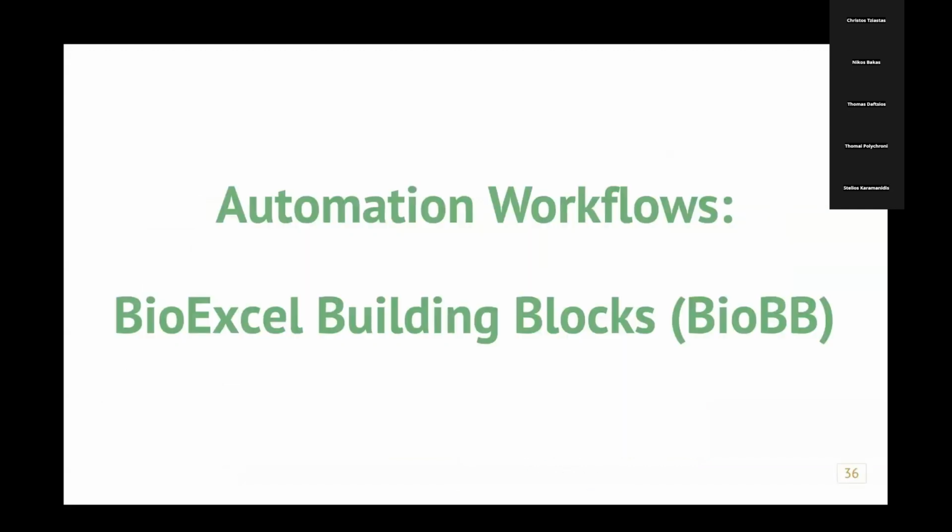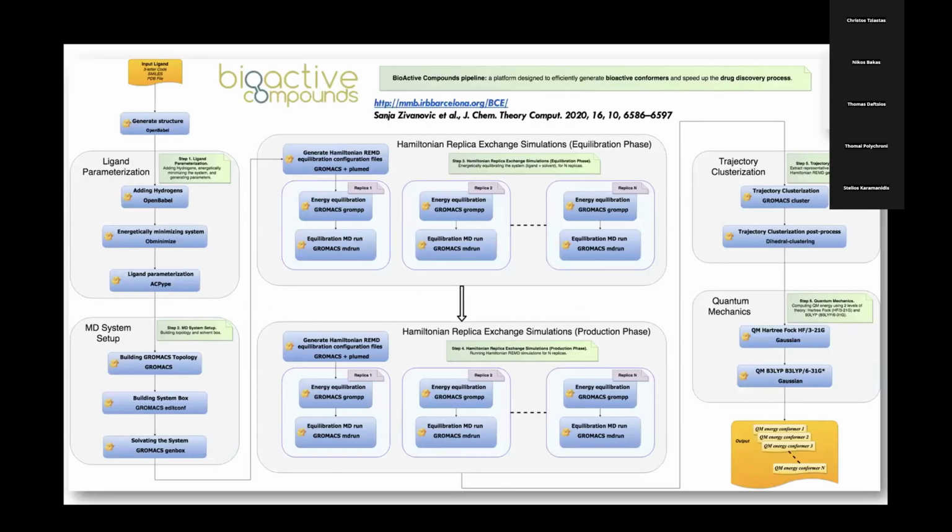Now, the last major application I'm going to present is BioExcel Building Blocks. It's an automation workflow. Those of you who are doing science with all of this software know that very rarely, I would say almost never, you use just one application to solve a specific problem.